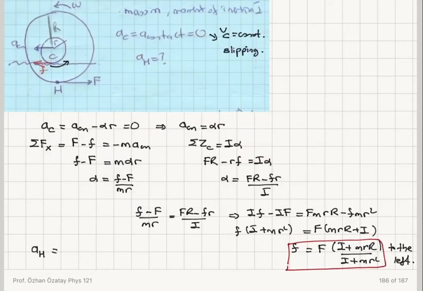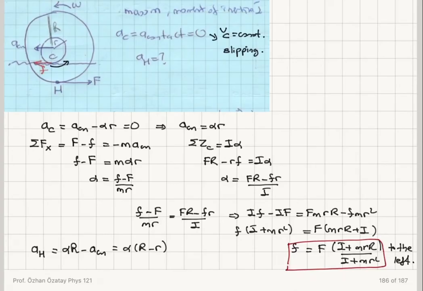Now, the acceleration of the point H, a_H, is going to have a contribution from the center of mass acceleration, and it's going to have a contribution from the rotation. So it will have a component tangential acceleration alpha times r and minus the center of mass acceleration.